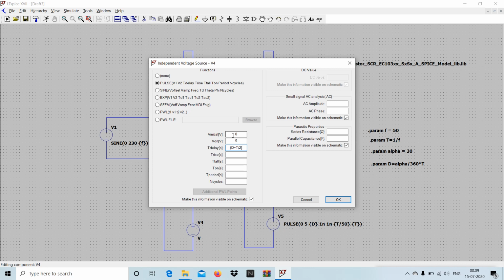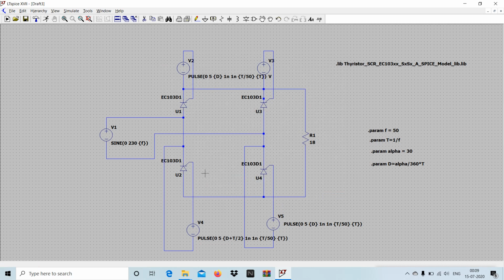So T by 2 is the total time period divided by 2. For example, if 20 milliseconds is the total time period, then 10 milliseconds plus this delay. The T on is the same, T divided by 50.